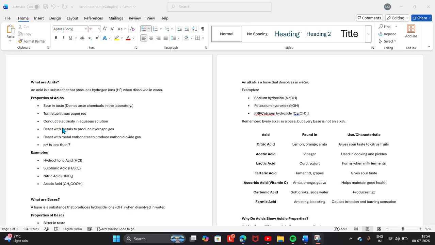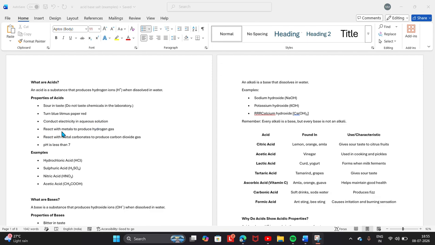And acid can conduct electricity. We'll see how acid conducts electricity in our upcoming lectures. But for now, remember that acid also conducts electricity when it is in aqueous solution. So what is aqueous solution? When acid is dissolved in water, such solution is called aqueous solution, right?